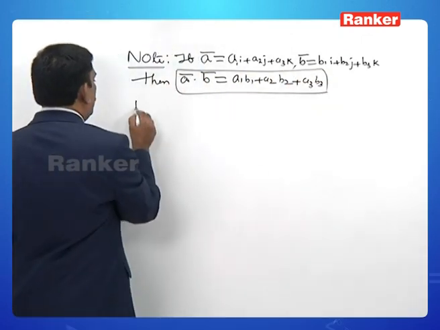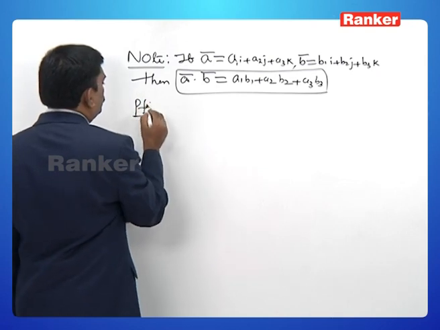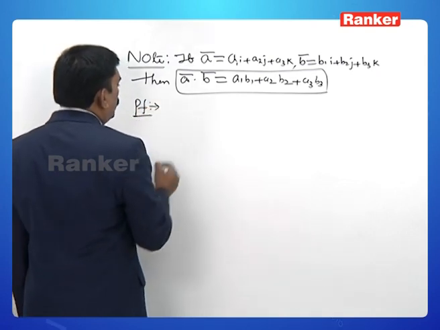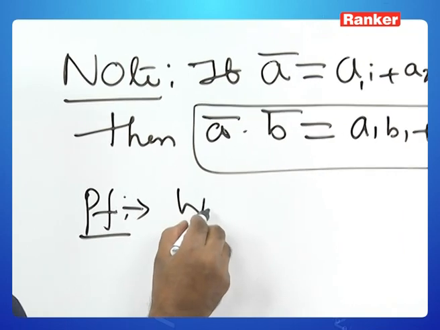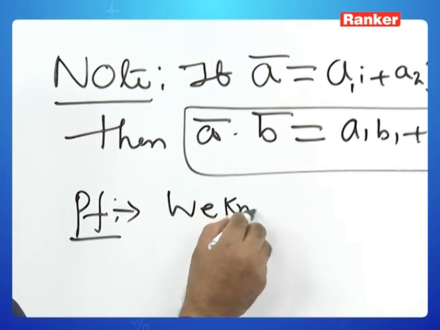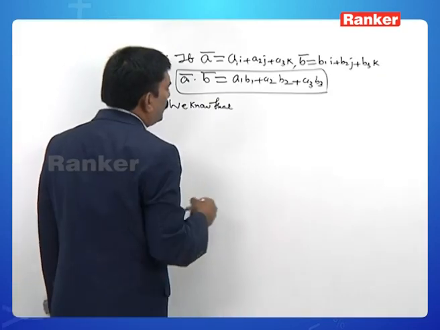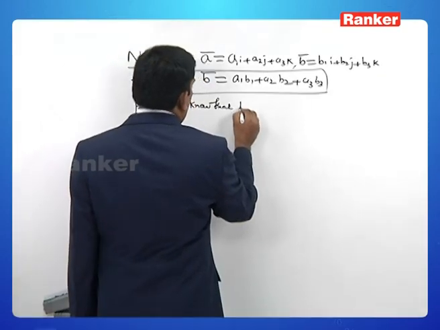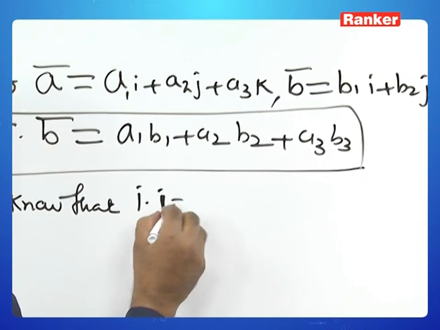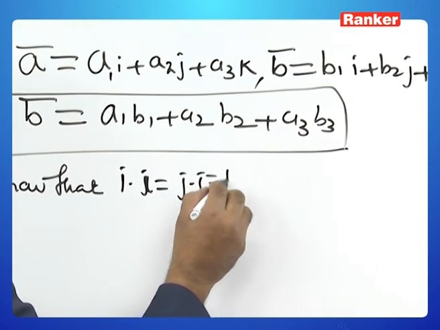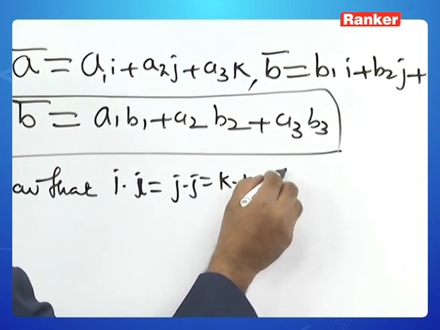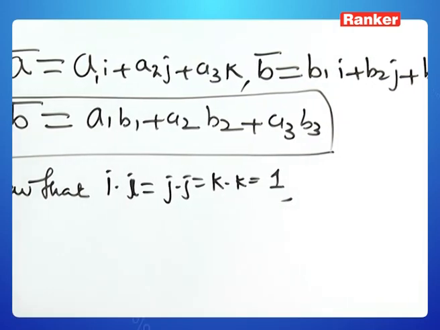Let us see how this is. We know that i dot i, j dot j, k dot k is equal to 1.